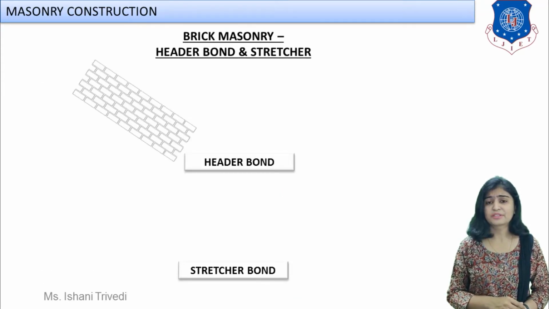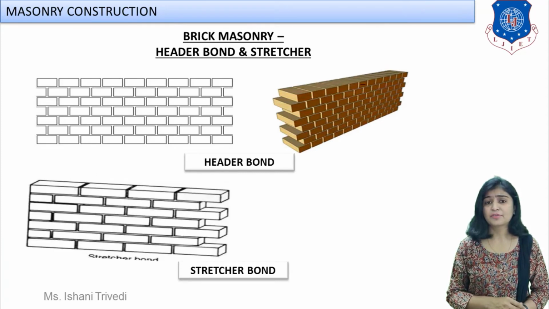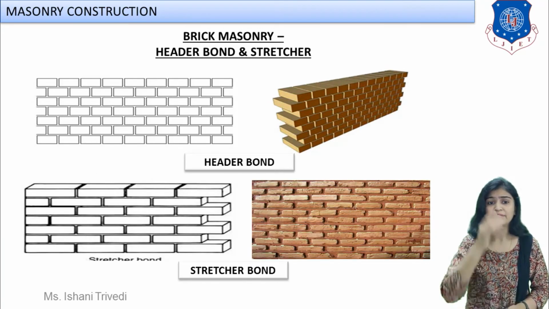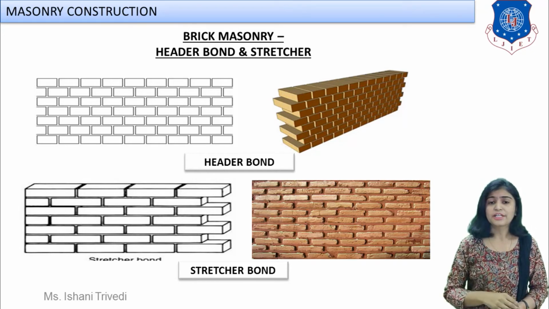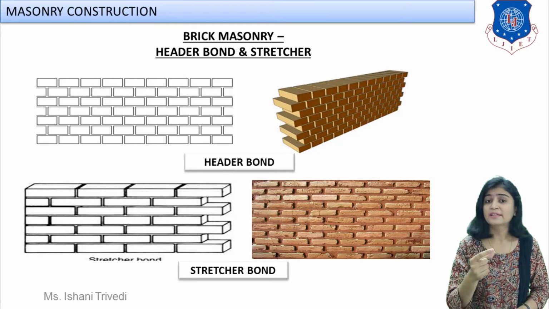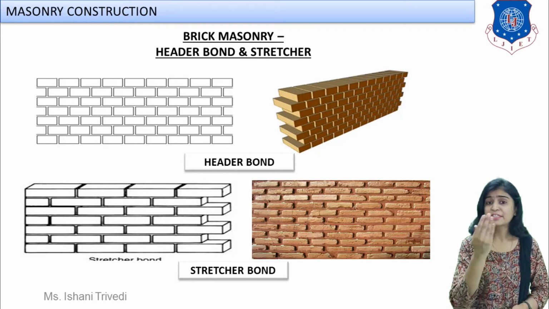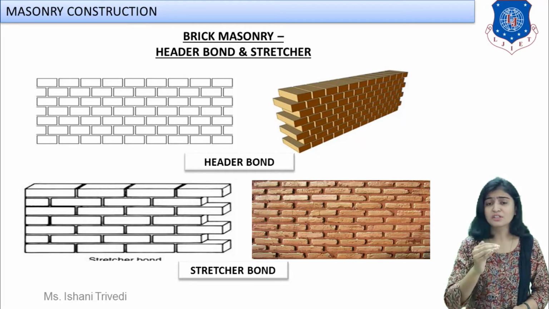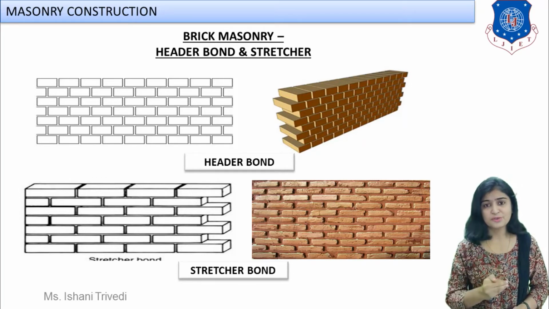Next we are going to discuss the next type of bond. What can we see over here? We have header bond and stretcher bond. As I told you, if you construct a full facing with courses such that only stretcher faces are provided in the facing part, you can see only the stretcher faces in all the courses, then it is known as stretcher course.